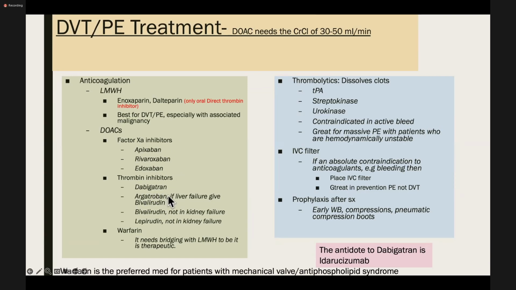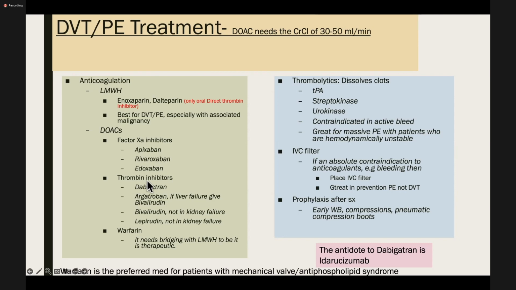The main thing to know here is that for factor 10A inhibitors, you're looking for "ban XA." From the name, anytime you see ban XA, their function is to ban factor 10A. That will give it away.